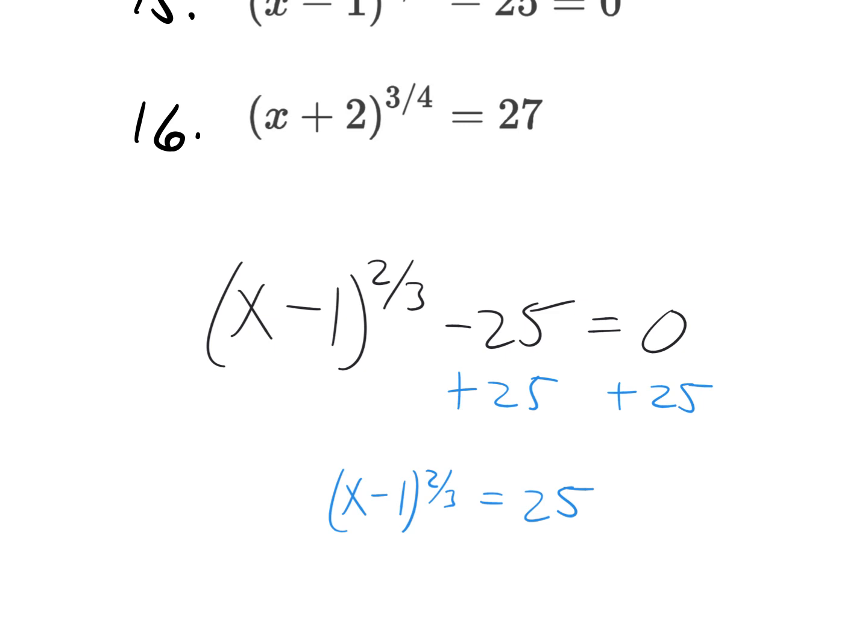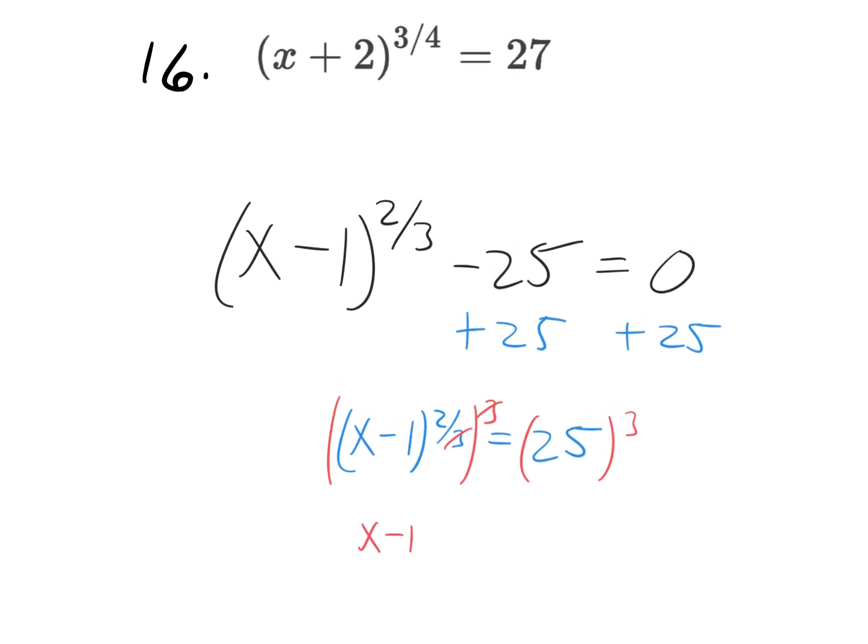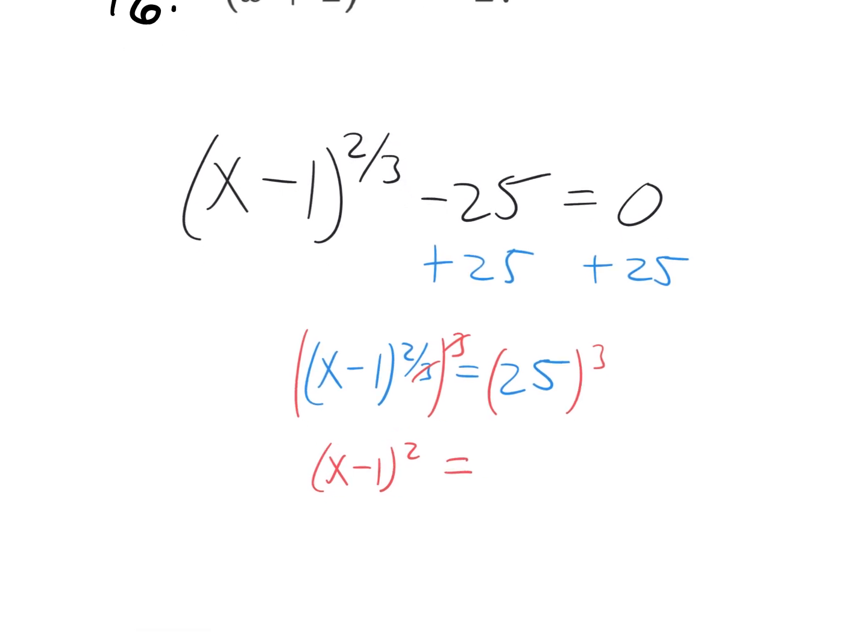Okay, you would raise both sides to the power of 3. If there's a 3 in the bottom of an exponent, and you raise it to the power of 3, power to a power you can multiply, so then the 3 and the 3 are going to cancel. So then we get x minus 1 to the second power equals 25 to the third power. But don't evaluate it because I'll show you what we can do now.